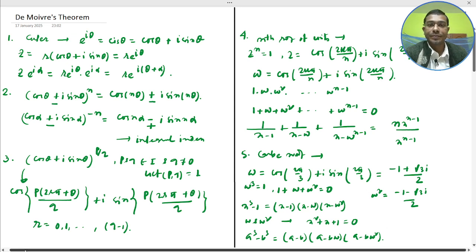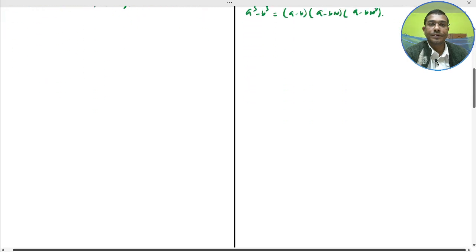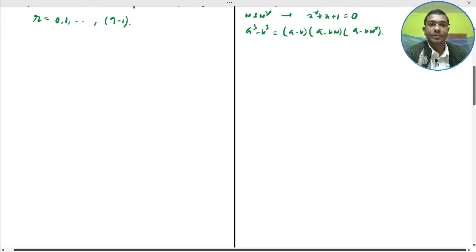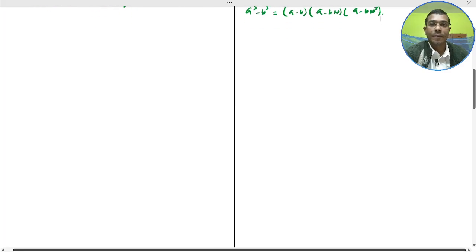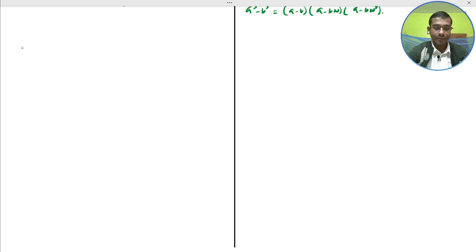Next, the nth root of a complex number. For z equal to r(cos theta plus i sin theta), z to the power 1/n is r to the power 1/n times (cos of (theta plus 2kπ)/n plus i sin of (theta plus 2kπ)/n).